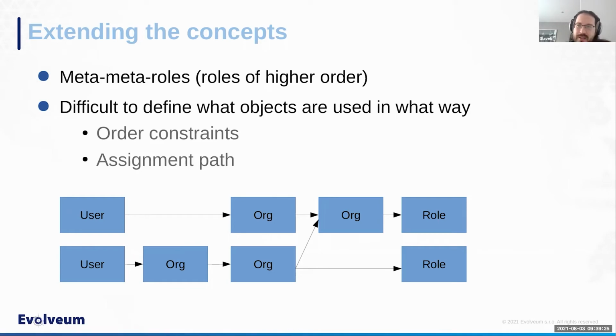So I just put an illustration picture here, which can be completely normal. You can have some org structure, you have users in the orgs, and then you have some roles assigned to the different pieces of the org tree, and you want to define what should happen. And anything that you can imagine can be defined. So for example, the role can take all the orgs and transform them into LDAP groups, respecting the hierarchy which is between the orgs, and then put users inside.